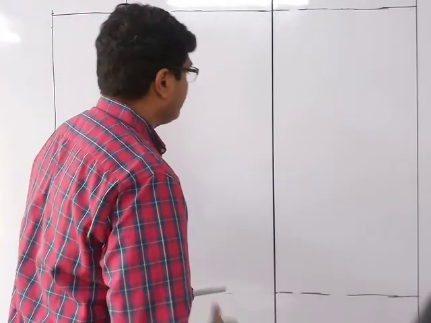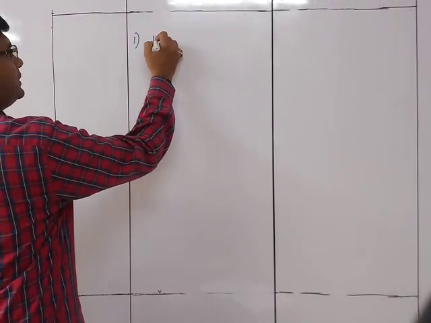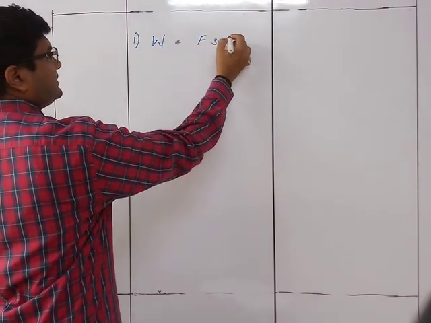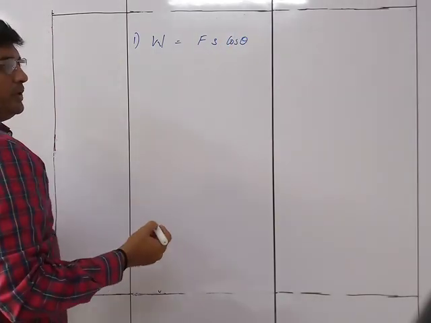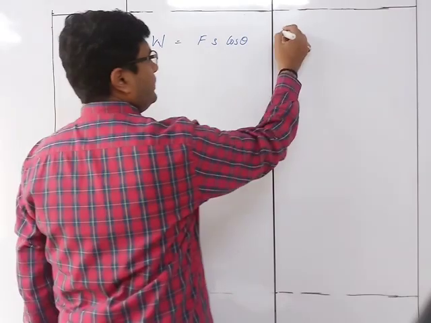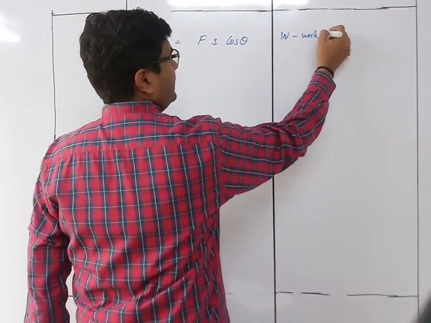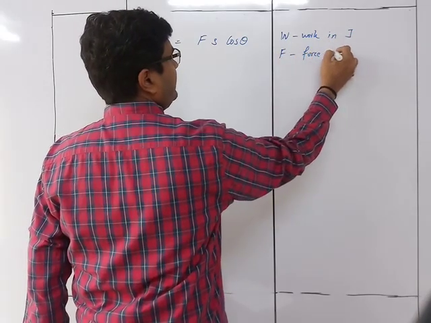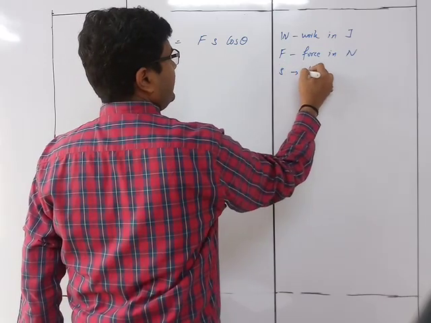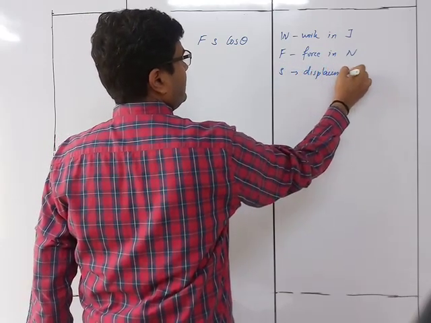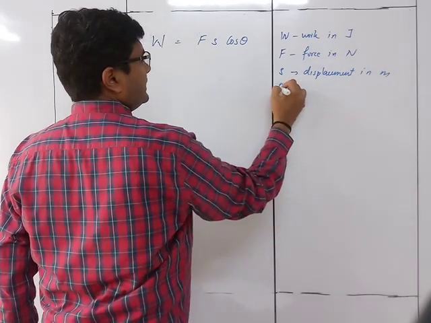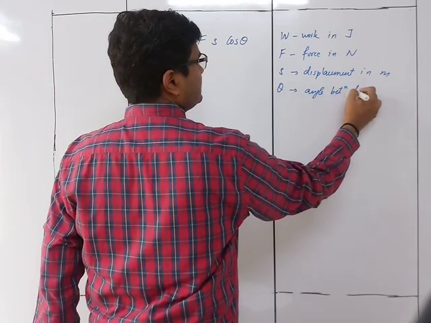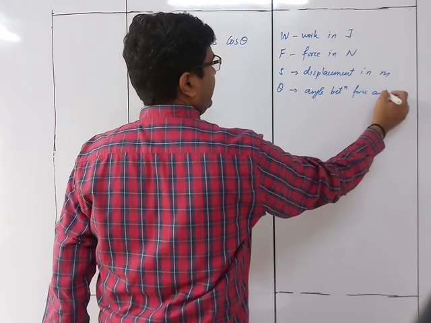So the first formula will be work, that is W is equal to F into S into cos theta, where we know very well W is the work in joule, F is force in Newton, S is displacement in meters, and theta is the angle between force and line of displacement.